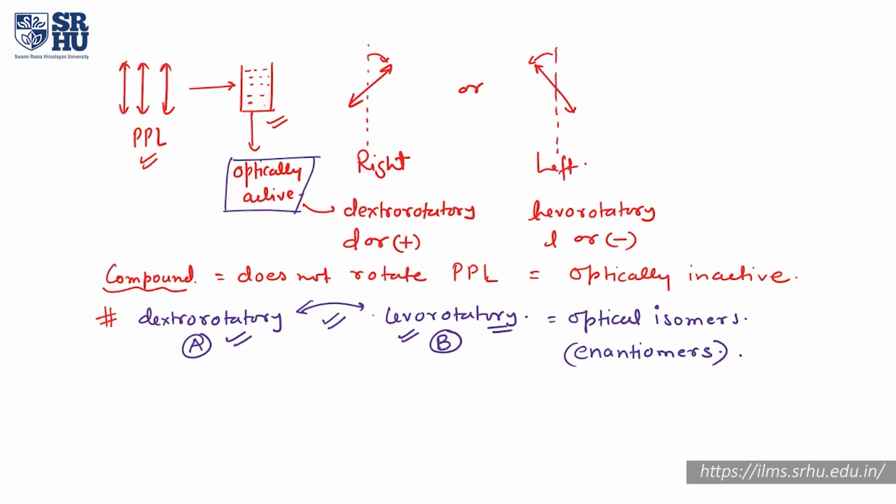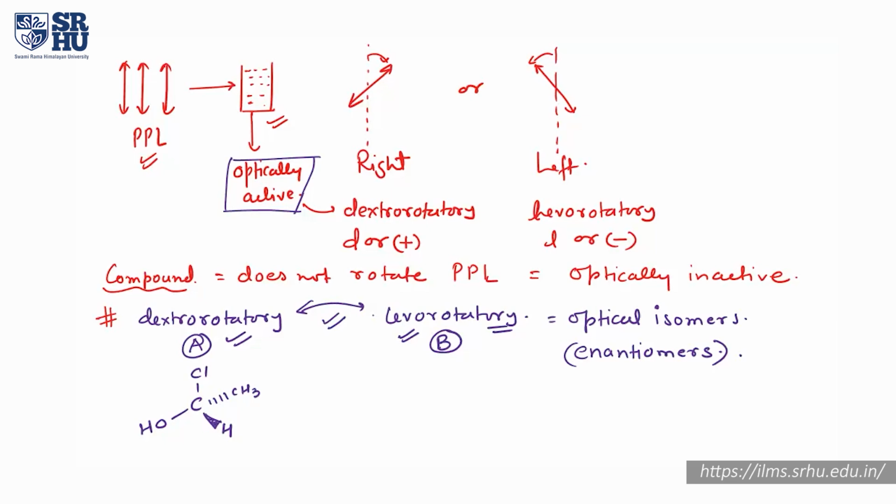The example which I gave you in the previous video was like this. There was a compound in which carbon was attached to chlorine and OH group by a single bond lying on the plane of paper, and there was an H going above the plane and one CH3 going below the plane, and there was another isomer.